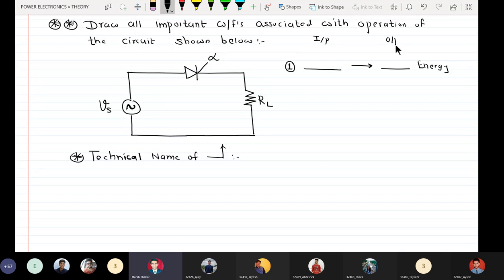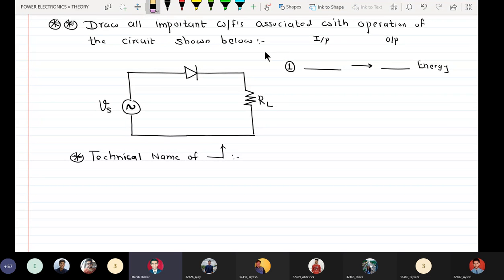This is output. Yes. What is this? It is half controlled rectifier. Okay. So why did you say it is half controlled? Only one diode. Okay, so one diode is there, so there will be control over only one half cycle.